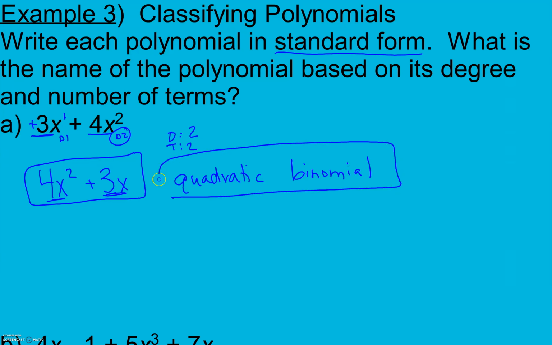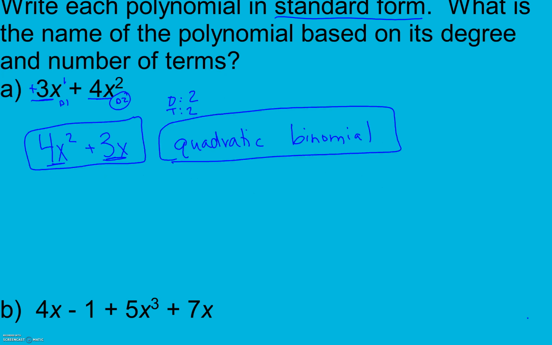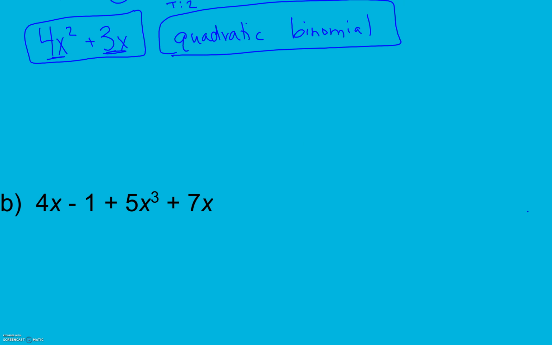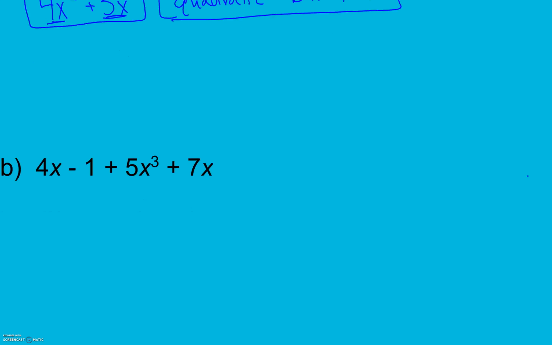So it's a quadratic binomial. We usually do degree first and then number of terms because words like quadratic and cubic are used to describe the next word. If you do it in the opposite order, not the end of the world, as long as you're aware of which parts work for which things. So as long as you know which labels are for degree and which labels are for number of terms.